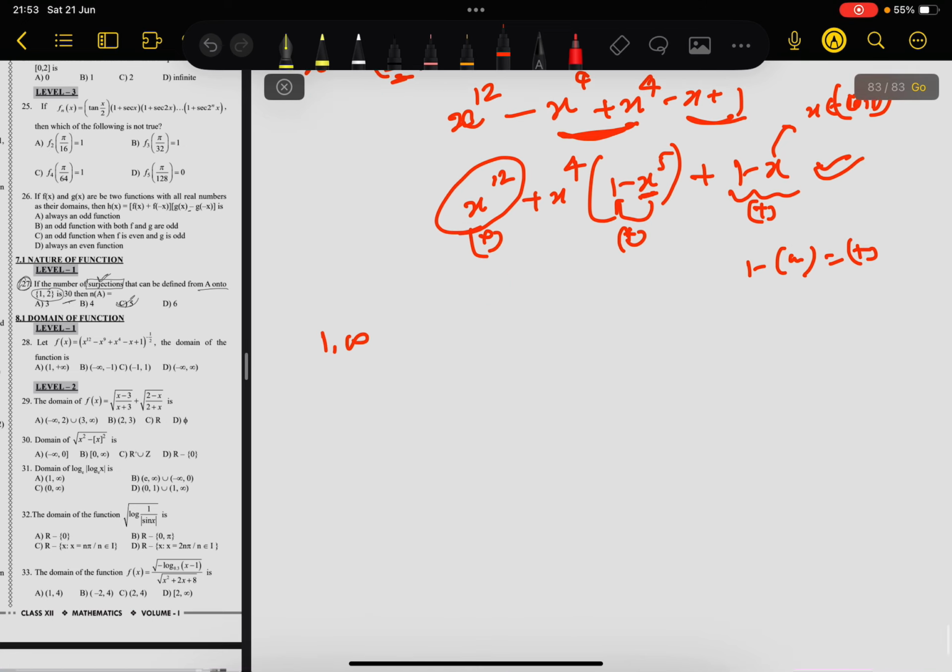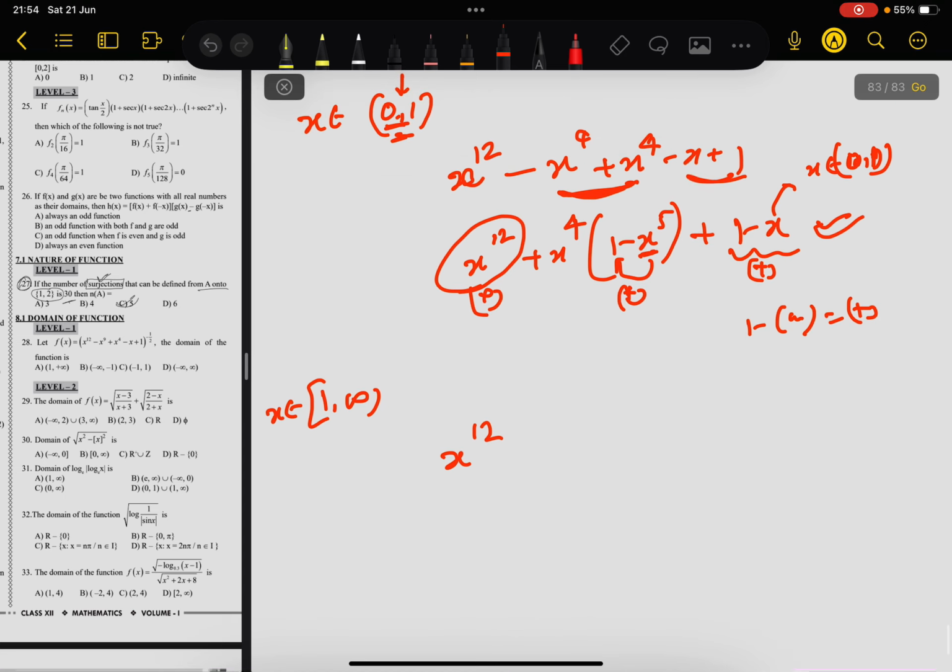Now let's see from 1 to infinity. If x belongs to (1, infinity), then for x^12 we will again try to modify the expression.